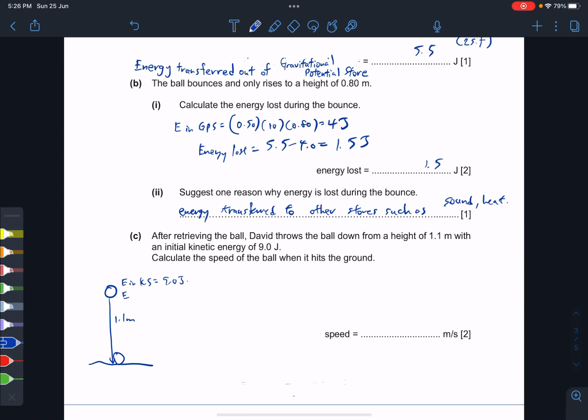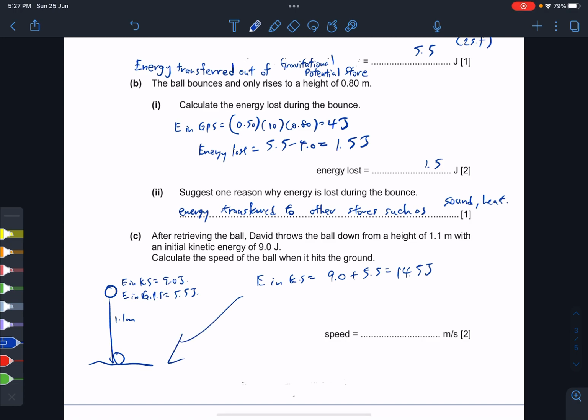And there is also energy in your gravitational potential store, which you calculated earlier on, 5.5. So that means at the start, it has technically 14.5. When this 14.5 hits the ground, there is an assumption. The assumption is everything changes to kinetic store. It gets converted to kinetic store. That means E in kinetic store equals 9.0 plus 5.5 equals 14.5 joule.